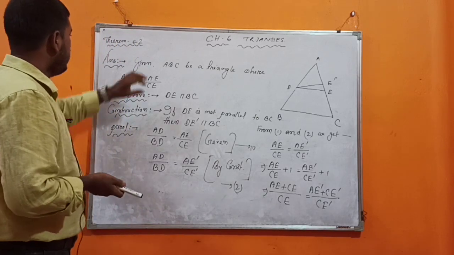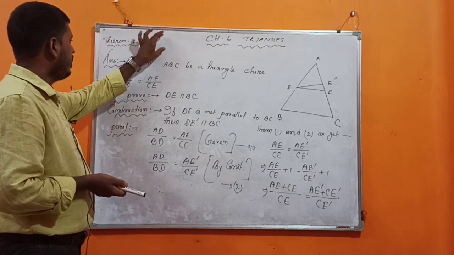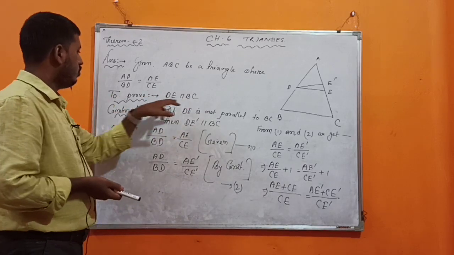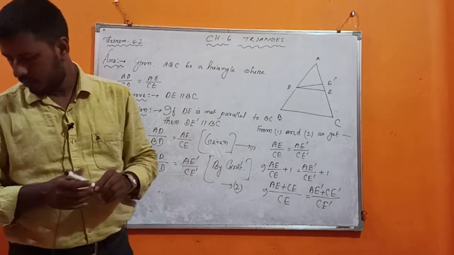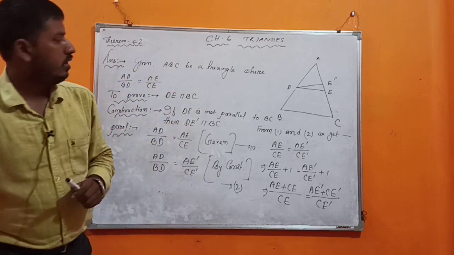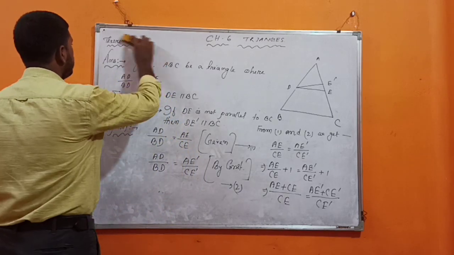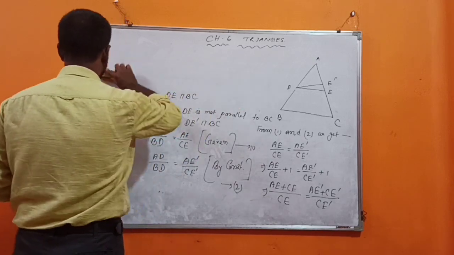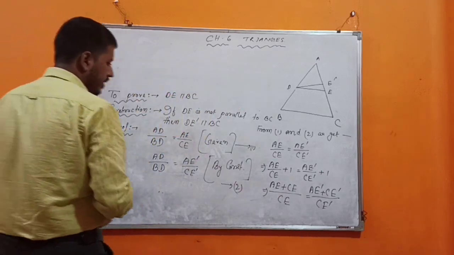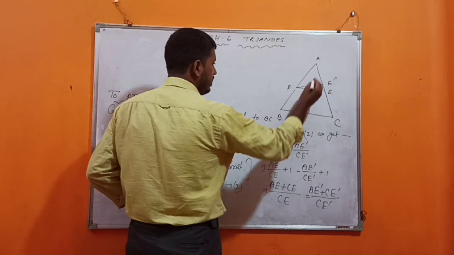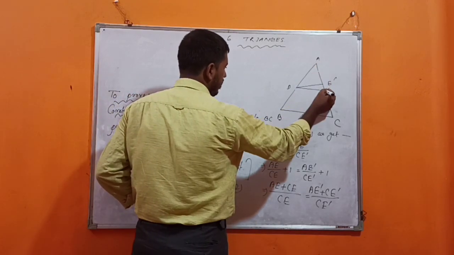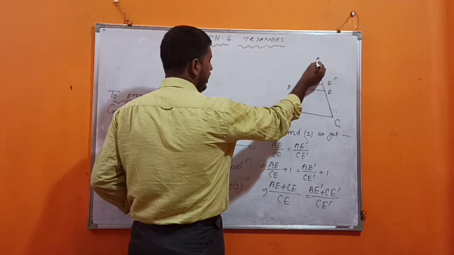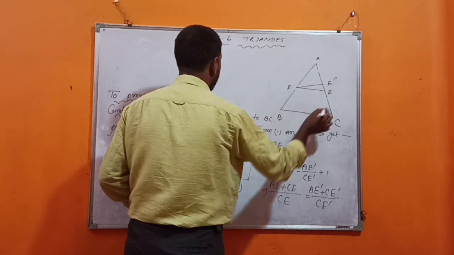So I am erasing this portion. Hope that you have noted down these things. So note down this. So what will be here? AE plus CE. Look at this. AE plus CE, and after adding AE plus CE, we will get what?